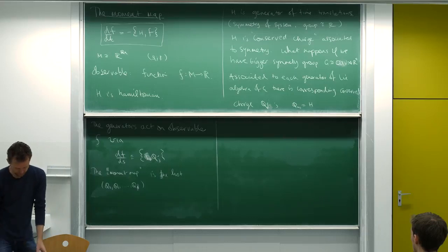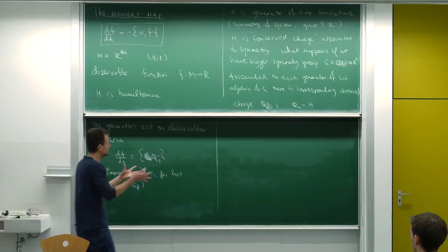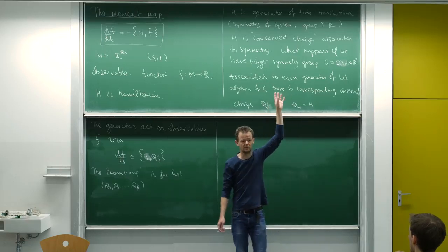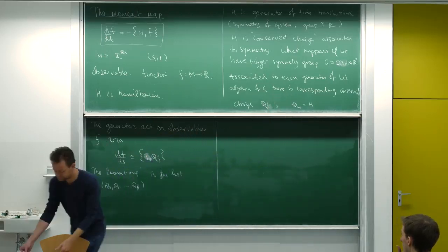But before we do that, we have to spend a little bit of time thinking about Lie groups, just building up enough understanding of these words here in a slightly more precise setting.